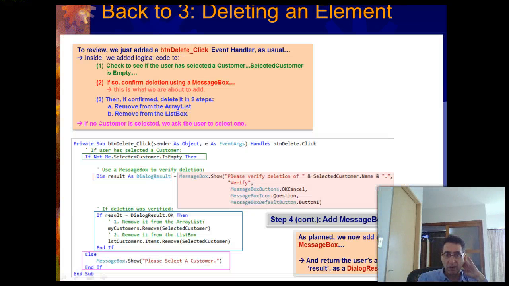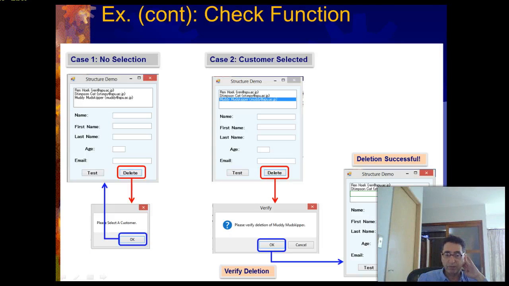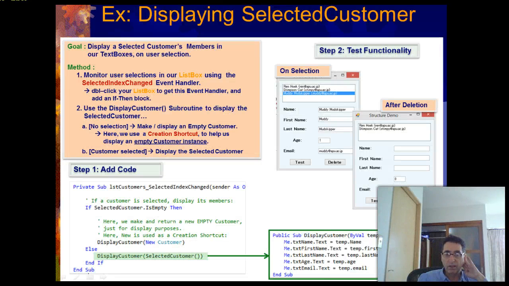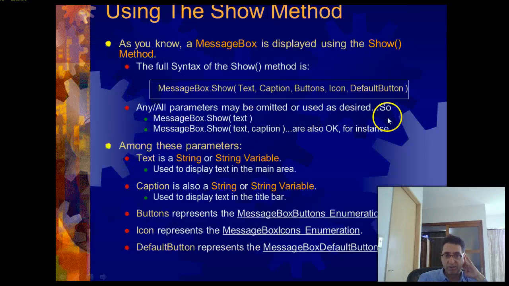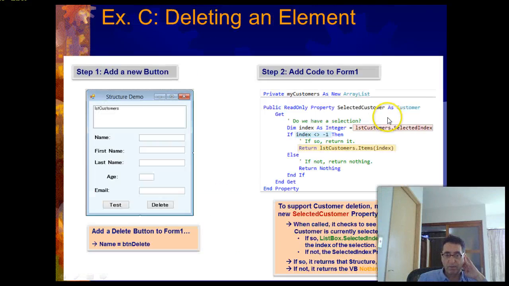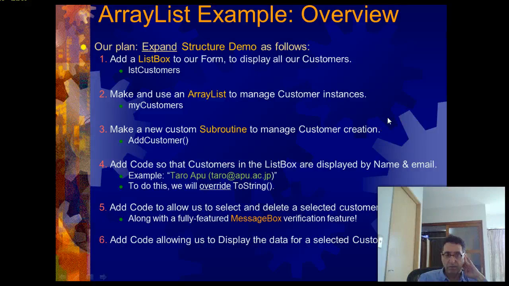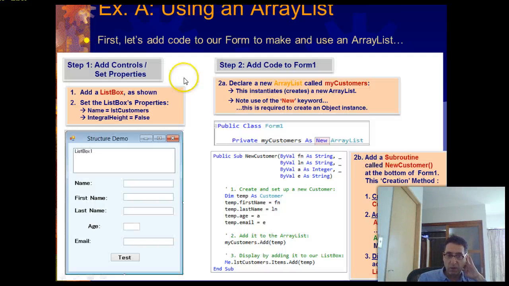But anyway, going back to here, when the user clicks on here, we want to display all the information in here as well. Add code allowing us to display the data for a selected customer. Okay, now let me stop this video and we'll continue here.